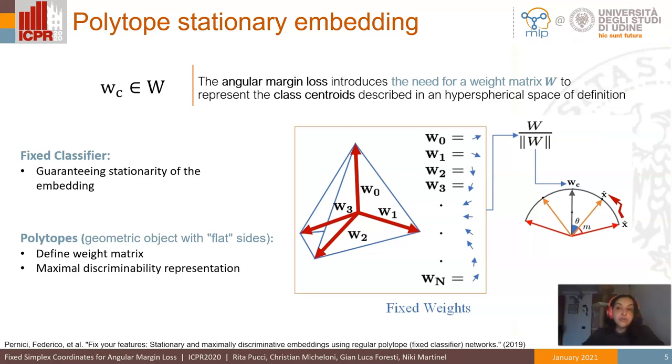To decide how to define this matrix, we use polytopes. Polytopes are geometric objects with flat sides, and the vertices of polytopes are used as vectors of the matrix to obtain maximal discriminativity representation. This concept was proposed by Pernici in fixed for features.